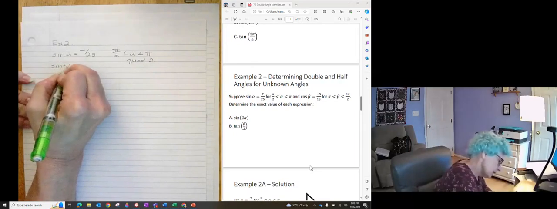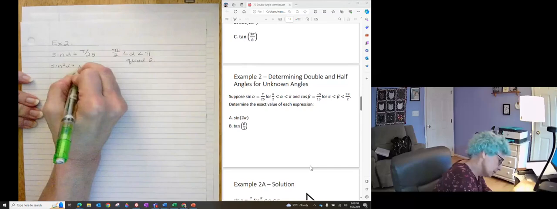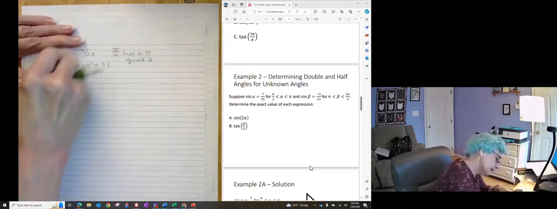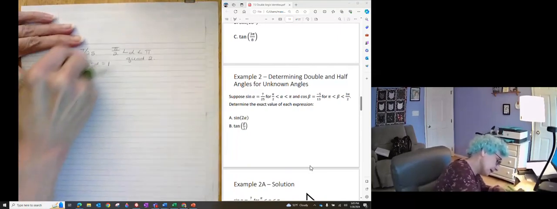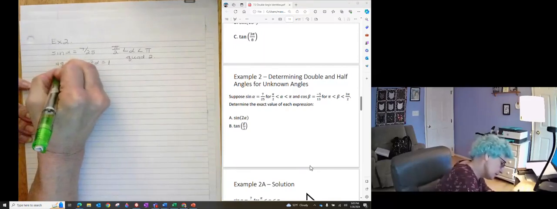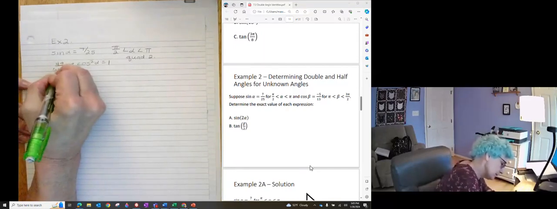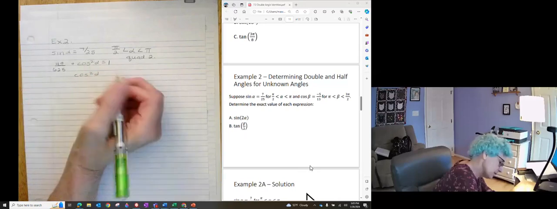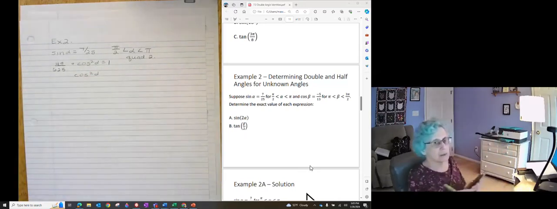Sine squared of alpha plus cosine squared of alpha is equal to 1, and sine of alpha is 7 over 25. So that's 49 over 625. So cosine squared of alpha, if I remember correctly, is going to be 24 over 25.